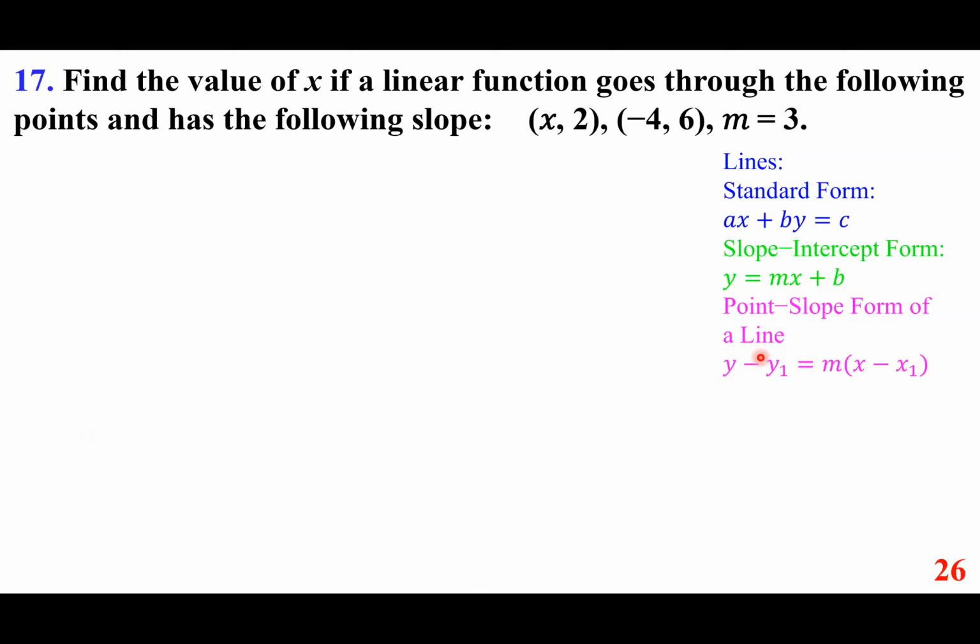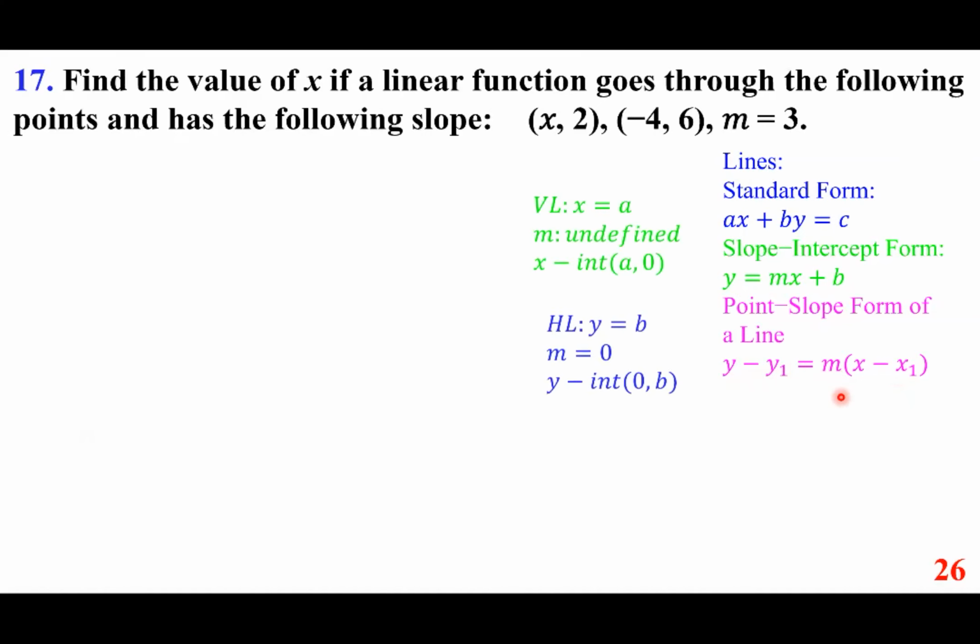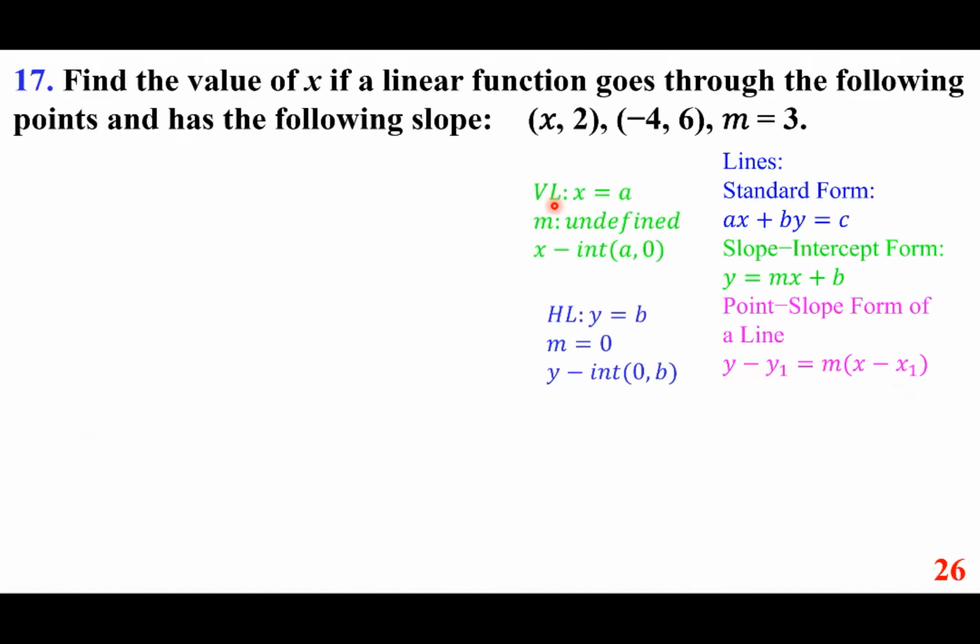Here is the point slope form, y minus y1 is m times x minus x1. A vertical line has the equation x equals a with the slope being undefined and the intercept located at a, 0. Horizontal lines have an equation of y equals b, m equals 0, and y-intercept at 0, b.